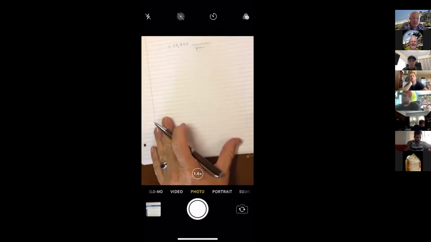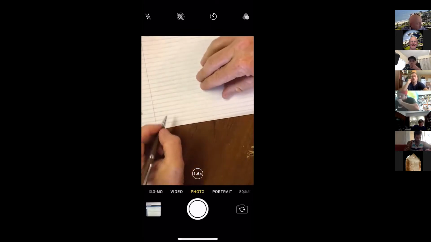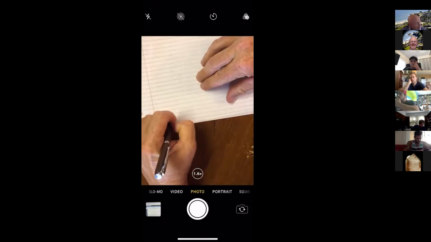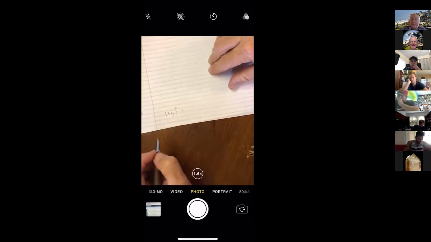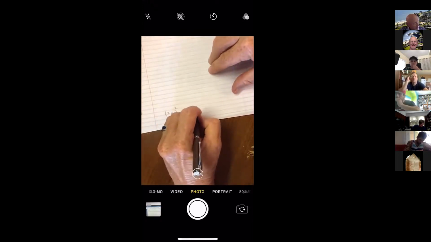Let me jump down here and remind you of a little bit of mathematics. If you had x times y and you squared it, what that means is you take the x squared and you take the y squared.